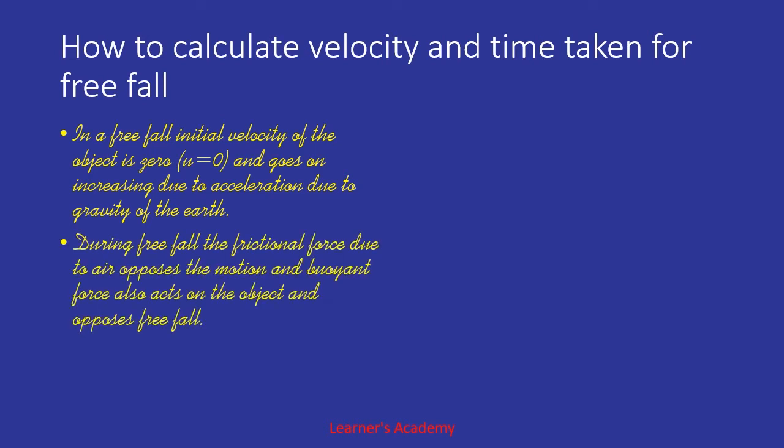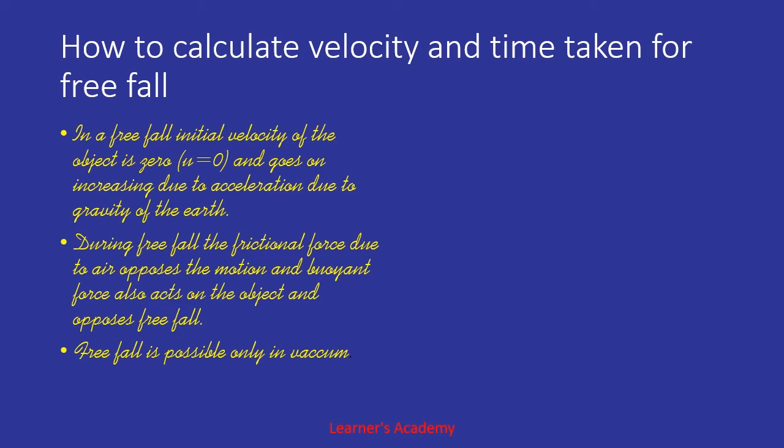Second point, during free fall, the frictional force due to the air opposes the motion, and buoyant force also acts on the object and it opposes the free fall. Third point that you have to keep in your mind is free fall is always possible in vacuum, all right?